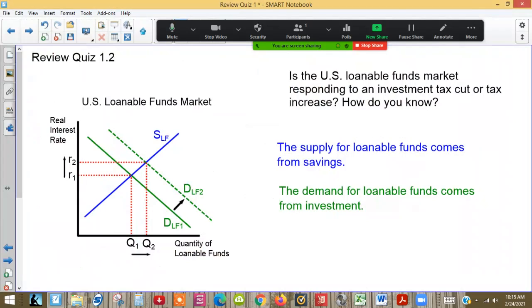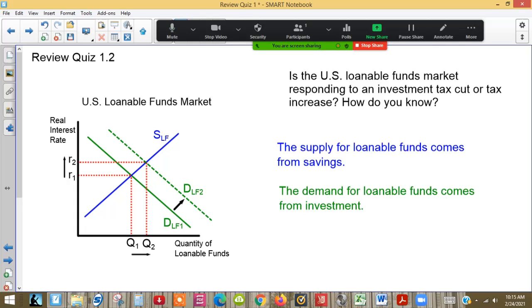They want to invest in their house, and that would be an investment. So in order to get a new roof, they're going to need to go to the bank and borrow the money. So there's going to be a demand for loanable funds. That's the kind of domestic investment we're talking about here.